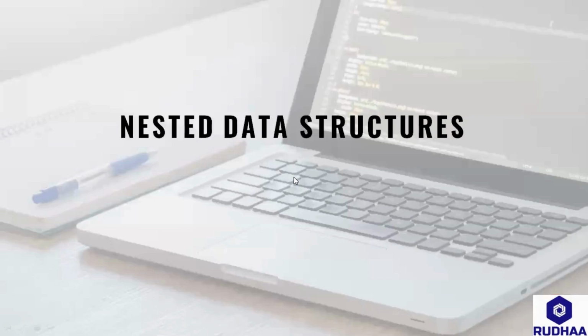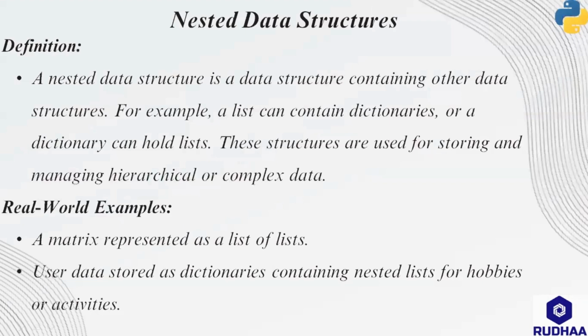So the next topic is nested data structures. We already know about data structures. We have seen some of the data structures like list or dictionary. So these two can be called data structures in Python programming.